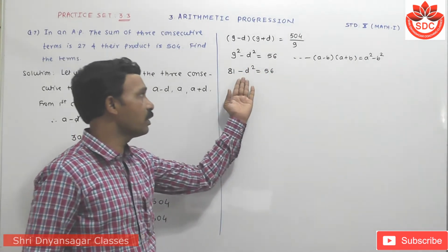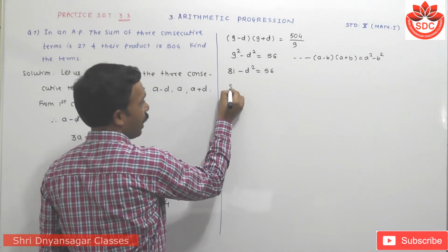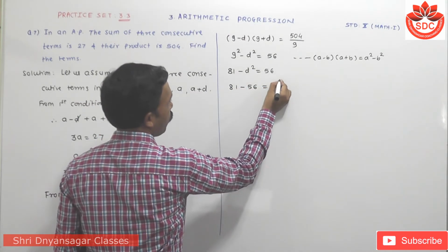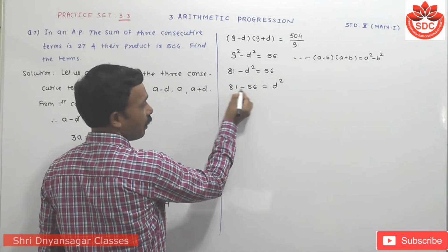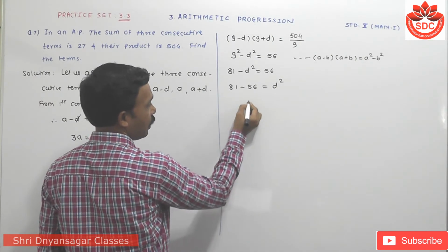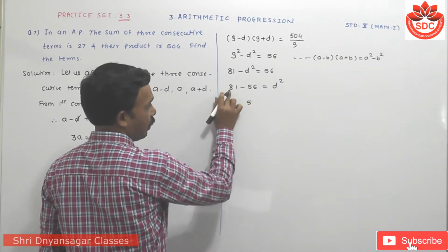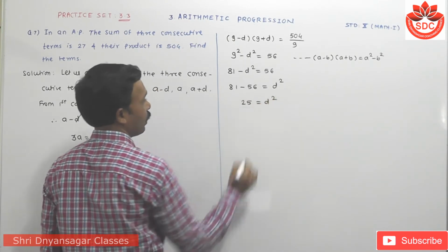Student, I have to transfer this minus d square to this side and 56 to this side. We get that 81 minus 56 is equal to d square. Now subtracting, it becomes 25 is equal to d square.